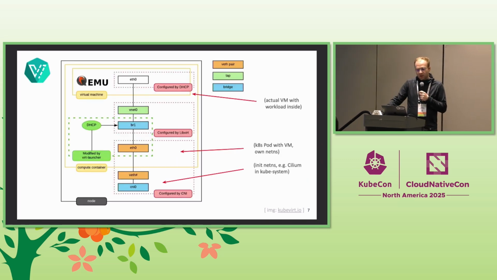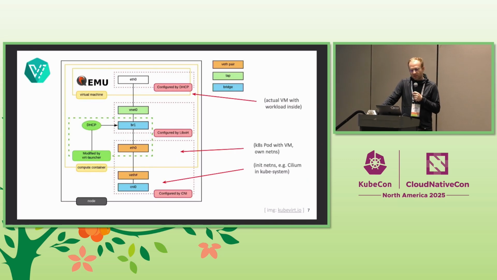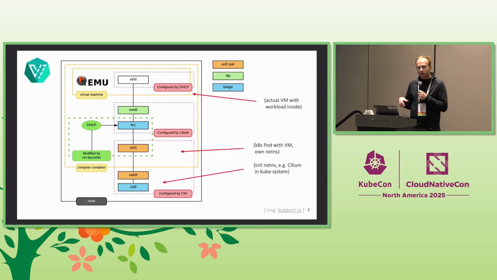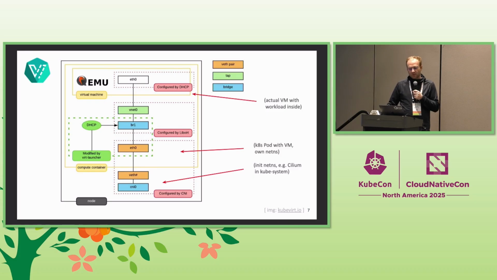Just to give you an architecture picture of how the KubeVirt networking side looks. You have your Kubernetes node. KubeVirt is launching a Kubernetes pod, a launcher pod, for the VM.